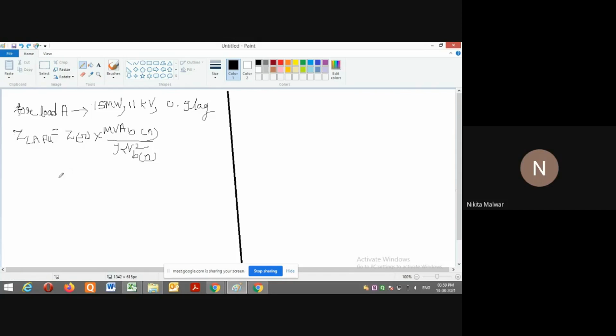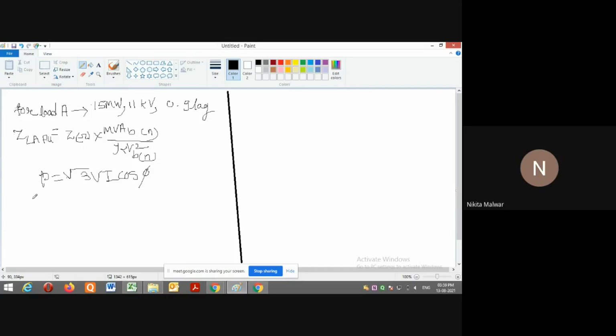Let's understand first. We know that power is equal to root 3 V I cos phi. We have all these values for power, voltage and cos phi, and by using them we can find the value of current.